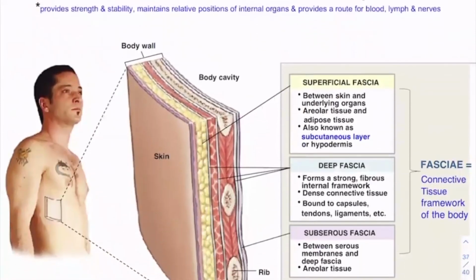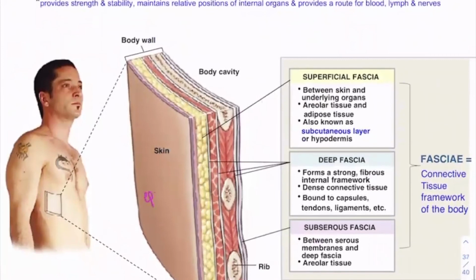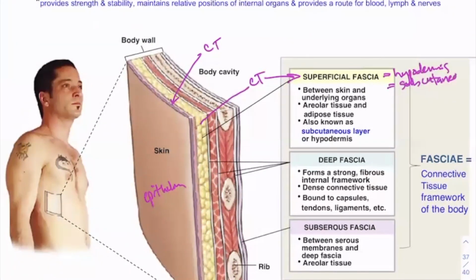And so just to conclude, we have this framework of the body, right? This outer layer is going to be epithelium, and then this layer here is going to be connective tissue. And then you have more connective tissue that is called the superficial fascia, which is also your hypodermis or your subcutaneous layer, right? Because it's below the cutaneous membrane.